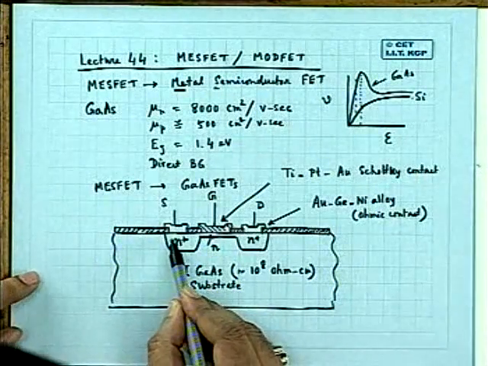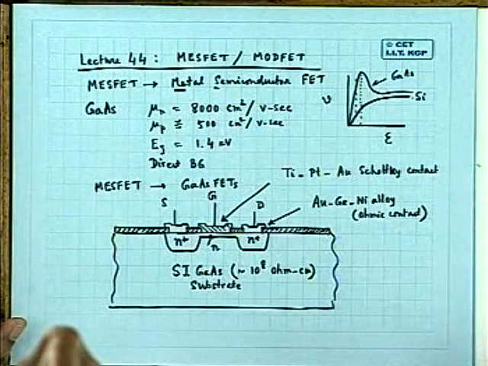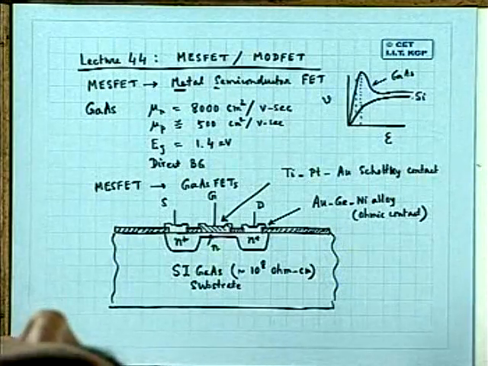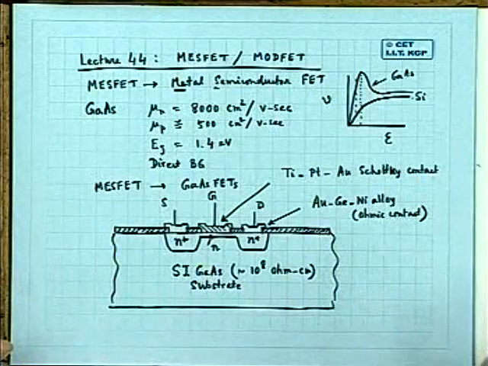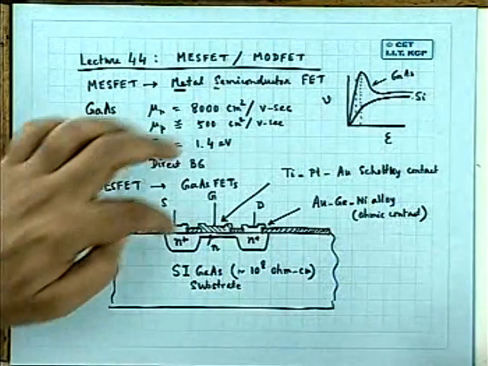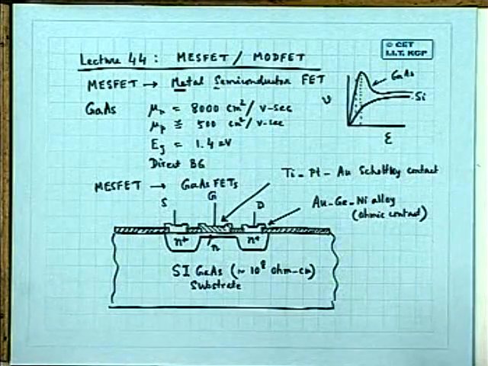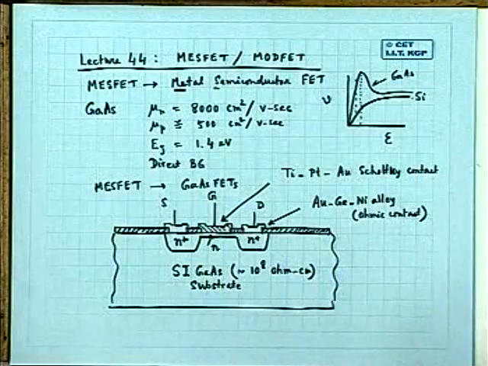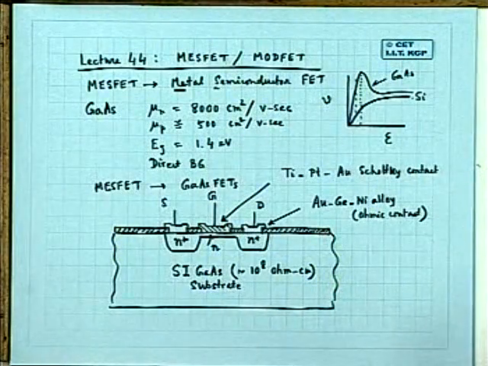So basically, this will be a normally on device. This is a JFET type of device, because of N plus and the channel consisting of N. So the channel will conduct when gate potential is 0. Okay, and for the gate, you cannot use oxide, a good dielectric is not possible.